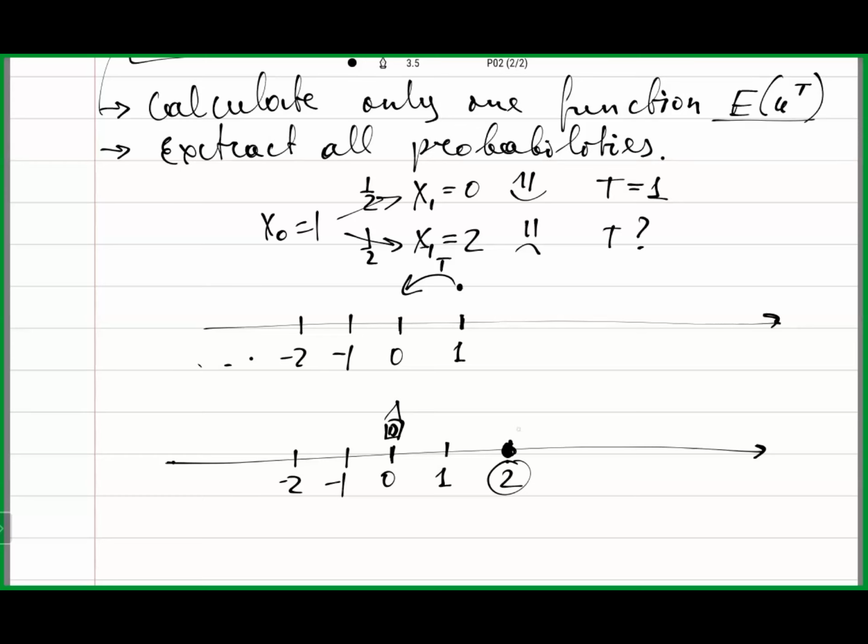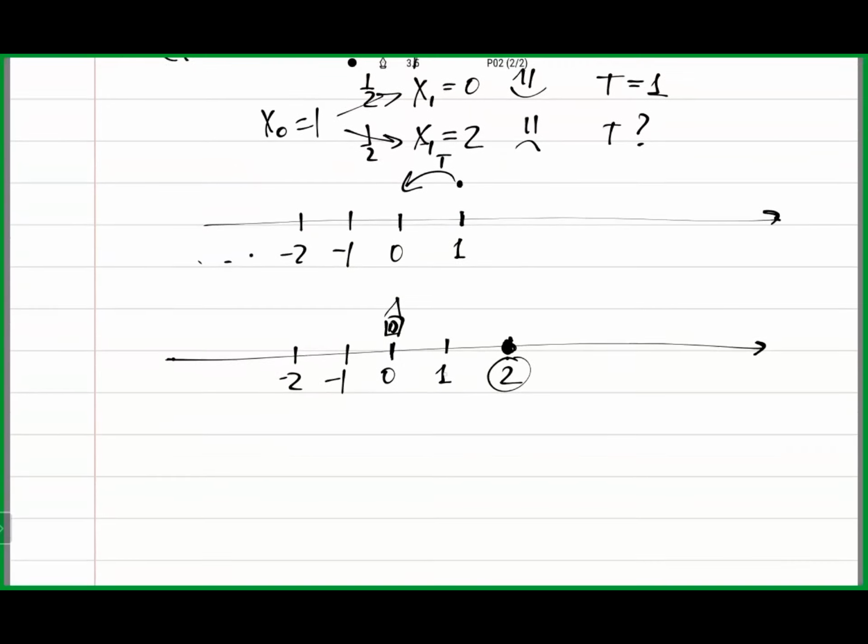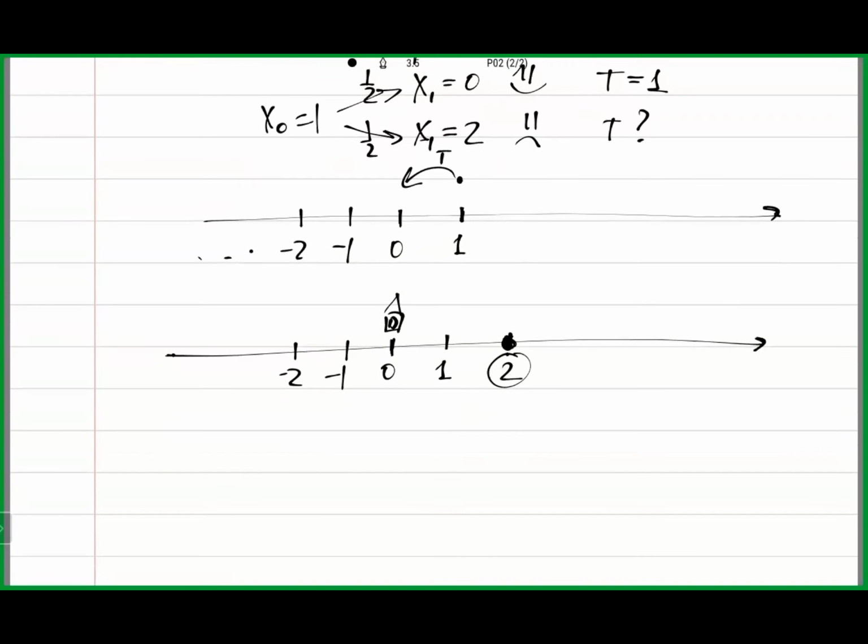So basically, when you start from 2, imagine any path from 2 to 0. Let's say right, right, left, left, left, right, left, left. So that's a path from 2 to 0.